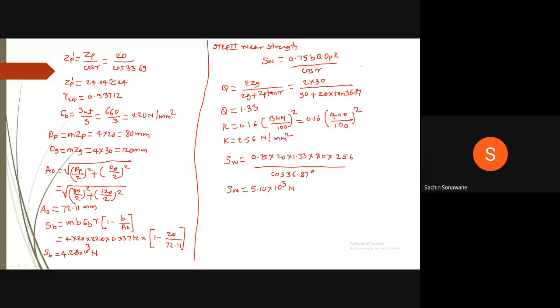33.69. Is it correct? What I have written here? Sorry, here somewhat value is wrong. The .69 value is there, gamma.